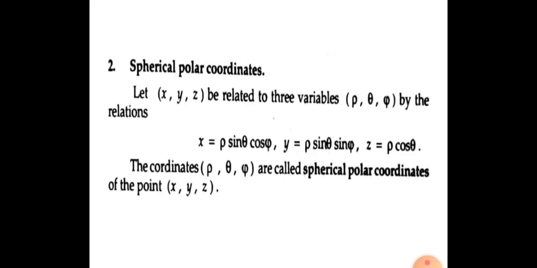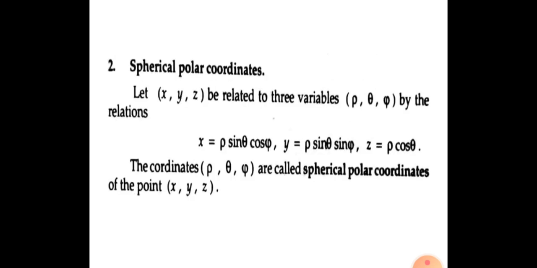Similarly, differentiate y is equal to rho sin theta sin phi partially with respect to rho, theta, phi. We will get sin theta sin phi, rho cos theta sin phi, rho sin theta cos phi.